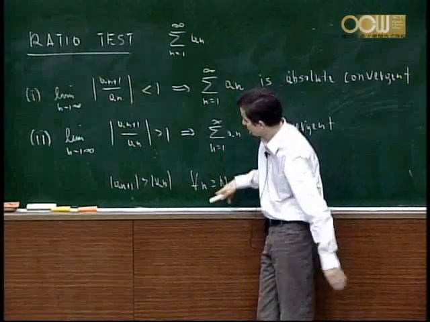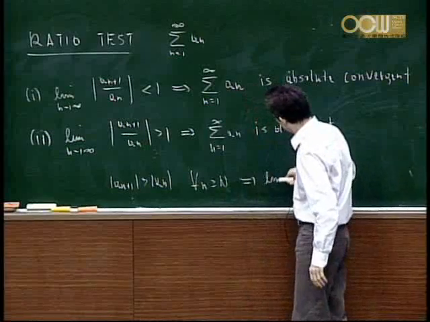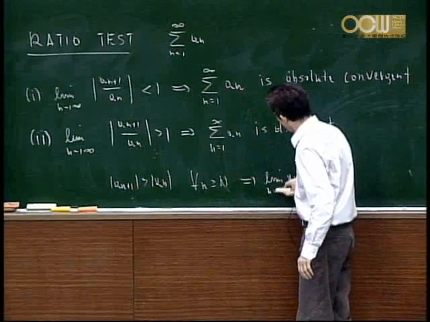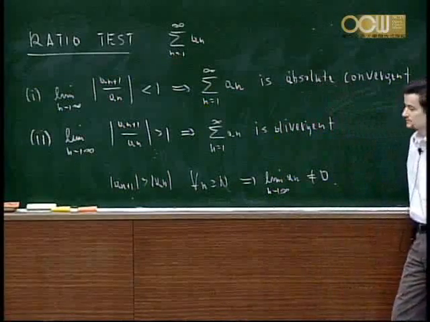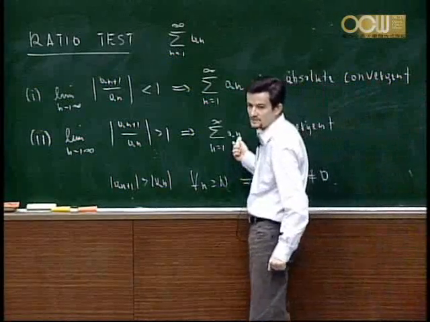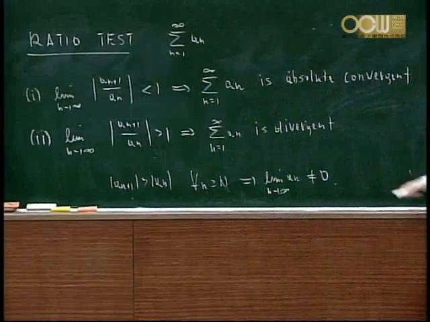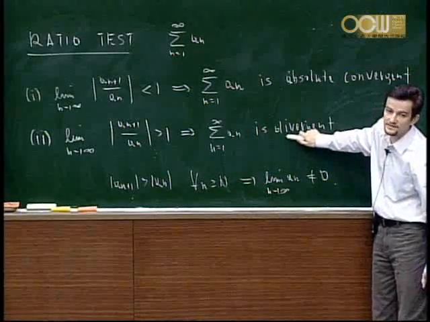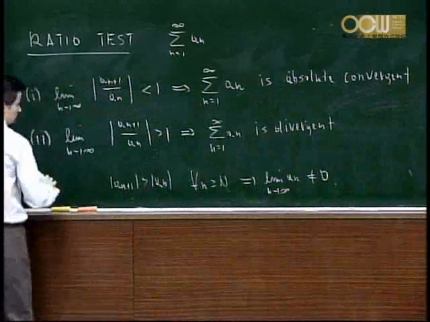This clearly means that the limit of a_n as n tends to infinity is not equal to 0. But then we know that this means divergence. So this case is also easy. Any questions on this?